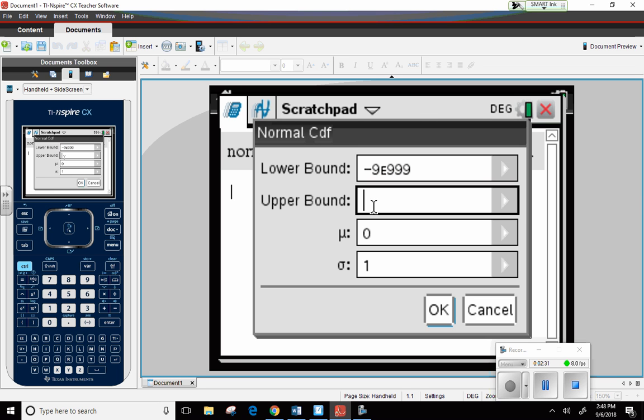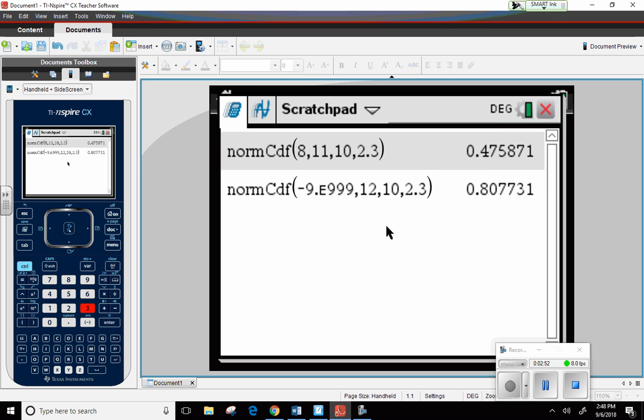Now, because 12 is my upper, we don't have a lower, we're going to leave this lower right here. Remember, the E is scientific notation, so this is an incredibly small number. I'm still going to go ahead and put in my mean and my standard deviation. So what's the probability of choosing an element less than or equal to 12? Well, I'd say it's about 80.8%.